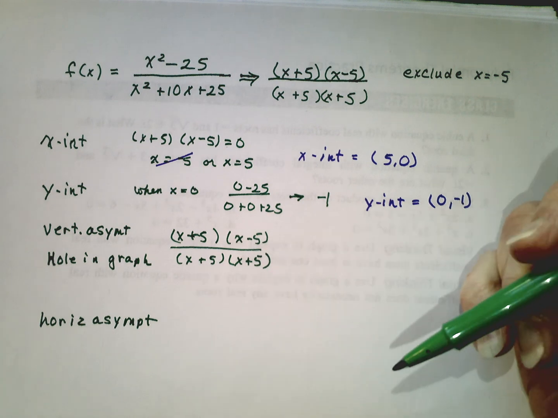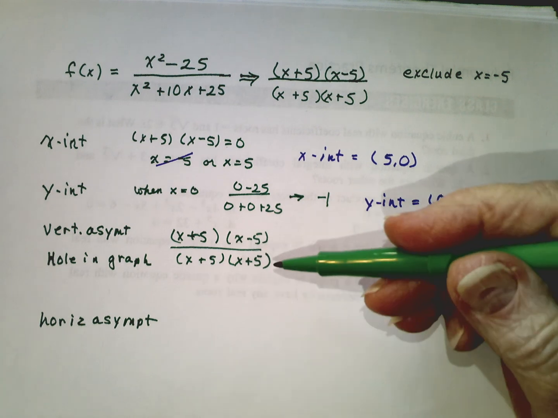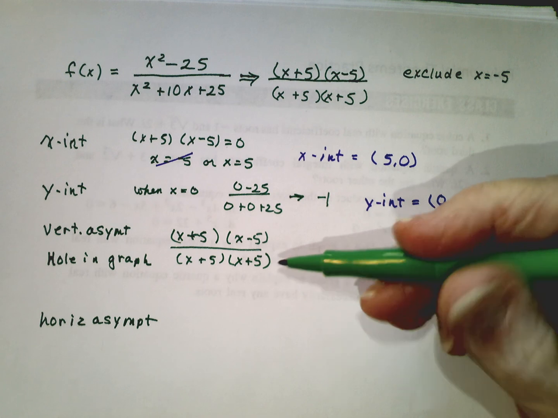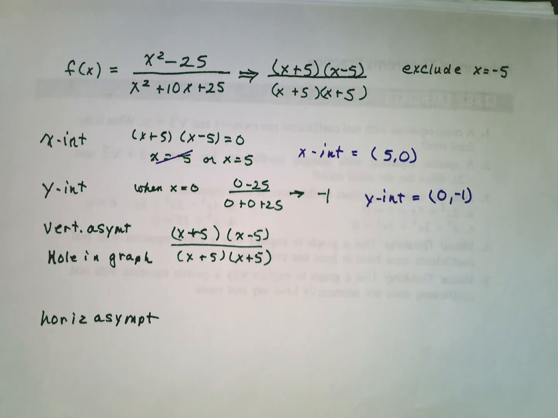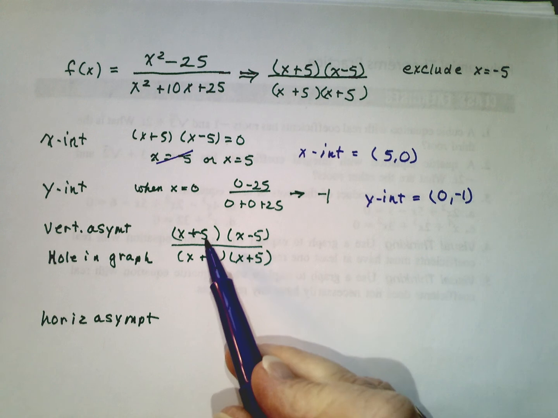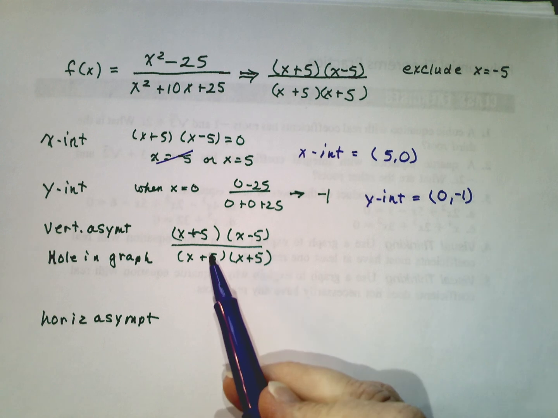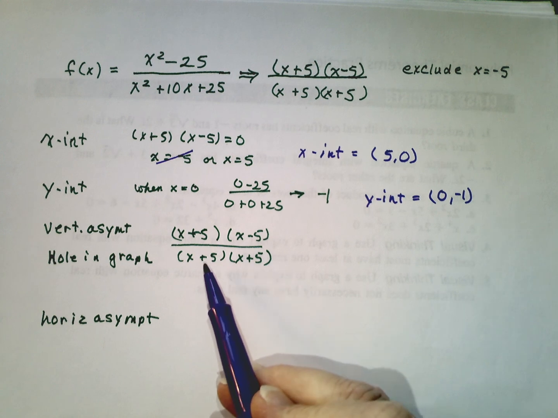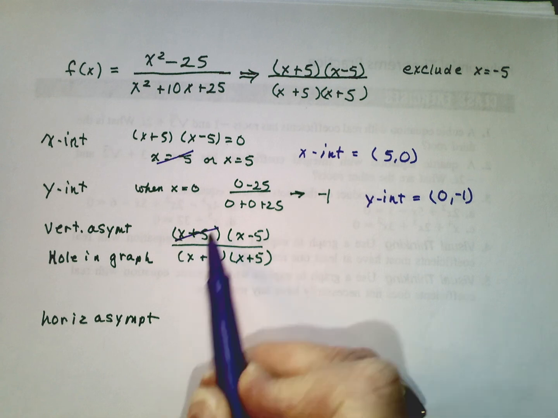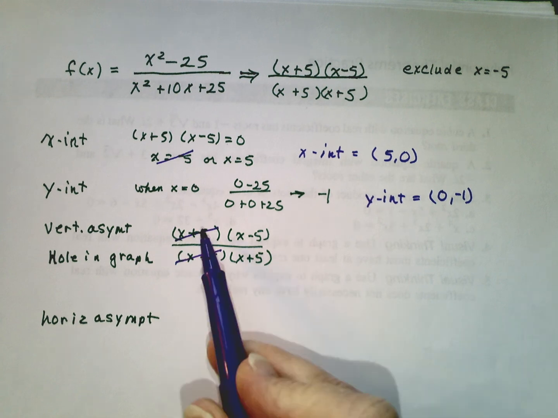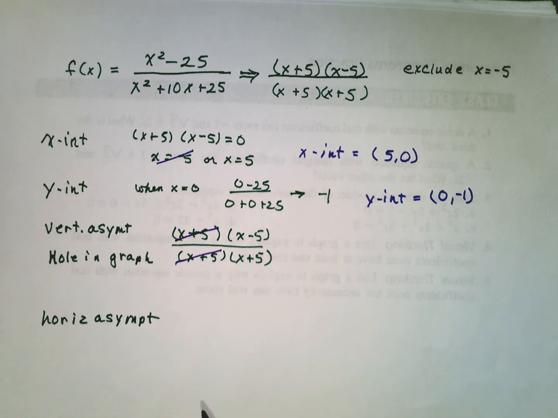There may be a hole there. If the factor does not cancel out, then we're going to have a vertical asymptote. Okay, we have an x plus 5 in the numerator, which will cancel with either this x plus 5 or that x plus 5, not both of them. So I'm just going to go straight down. Technically, that's just a 1.